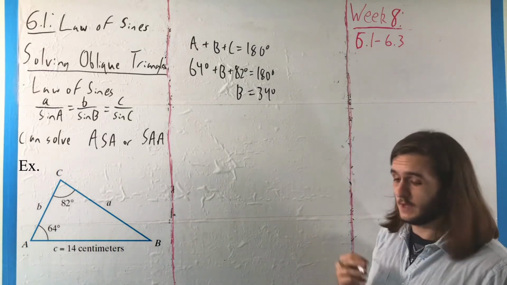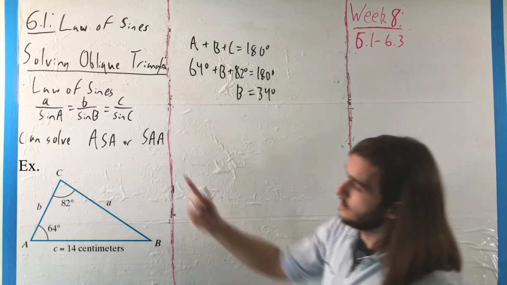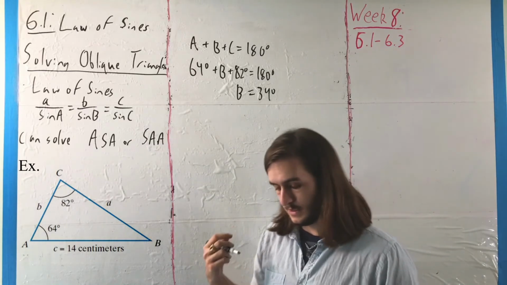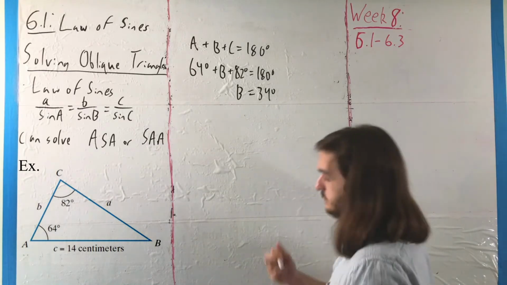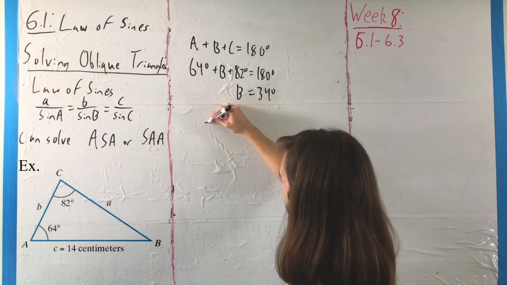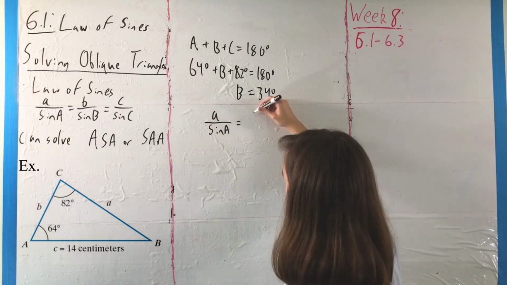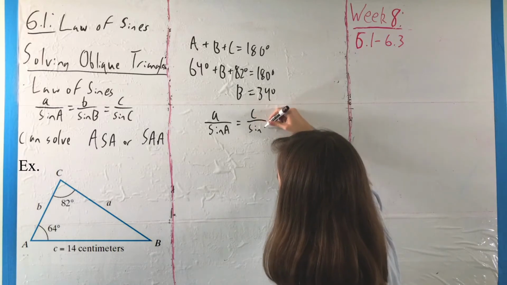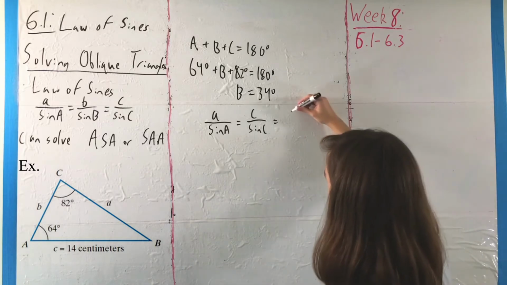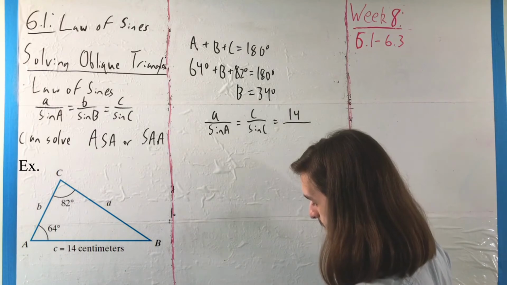And from here, since we have all of our degree measurements, we can use some rearrangement with our law of sines to get the lengths little a and little b, because, as we know, we have a over sine of A equals c over sine of C. In particular, we know that c is 14 centimeters, but I'm not going to worry about that unit for now.